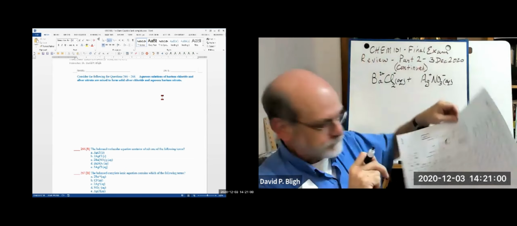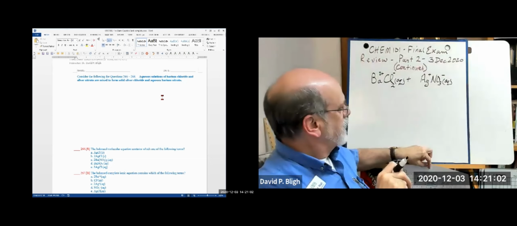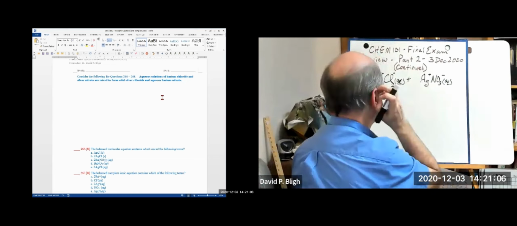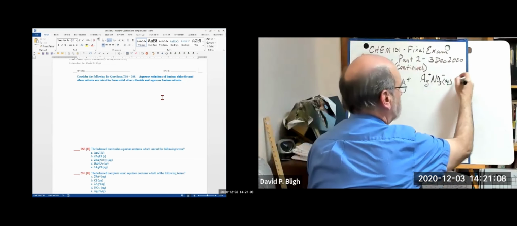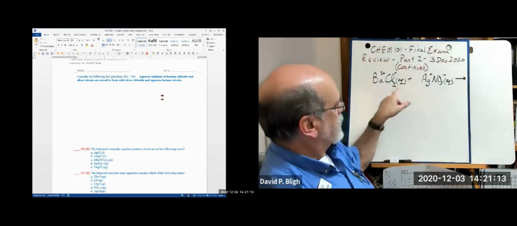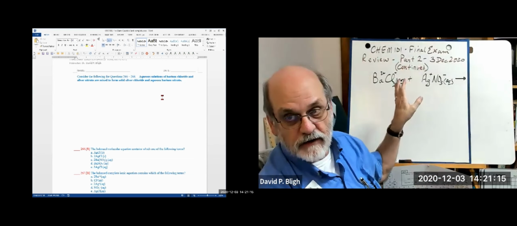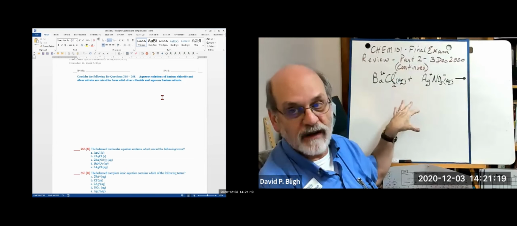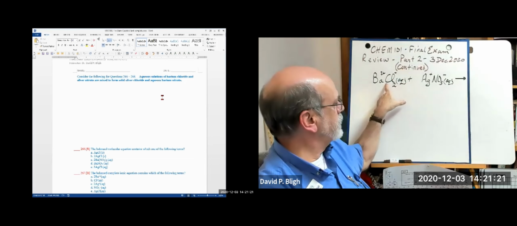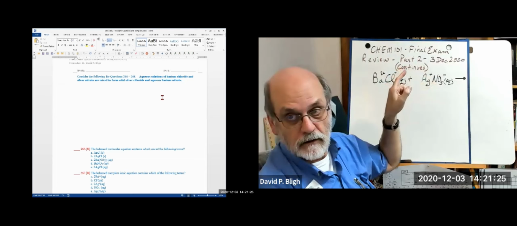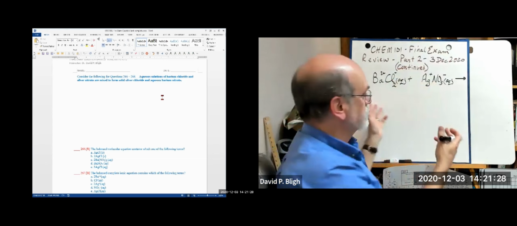It's +1. So those are the reactants. Now, what do they do? In this type of reaction, you have a double replacement. That is, the cations swap places. So the silver goes over here, and the barium goes over there. That's all you have to do to write the products.